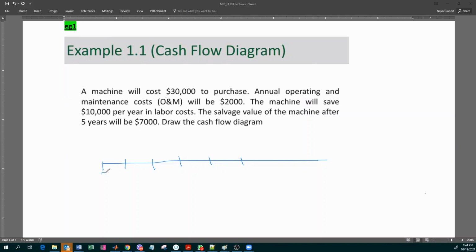This is 0, 1, 2, 3, 4, 5. That's our timeline, right? Okay, where's the eraser in this? Sorry, where is the... I don't want the eraser.